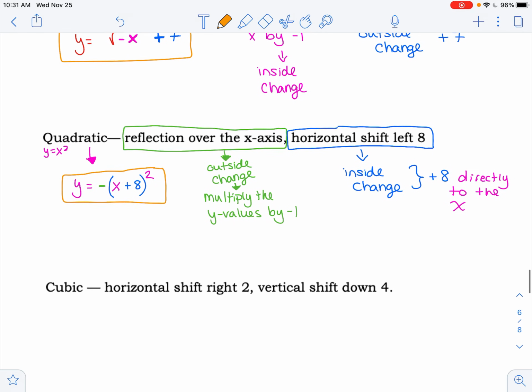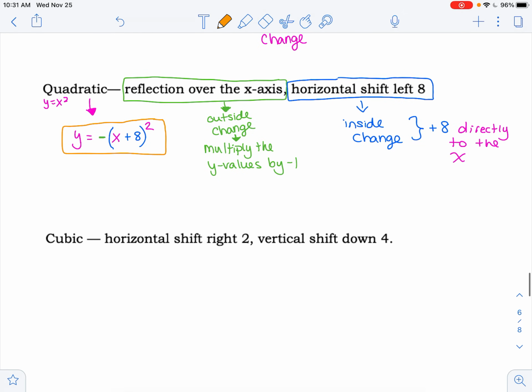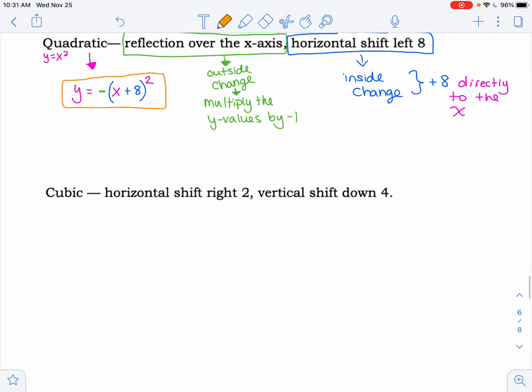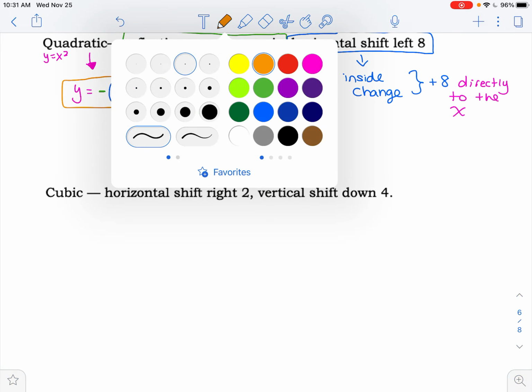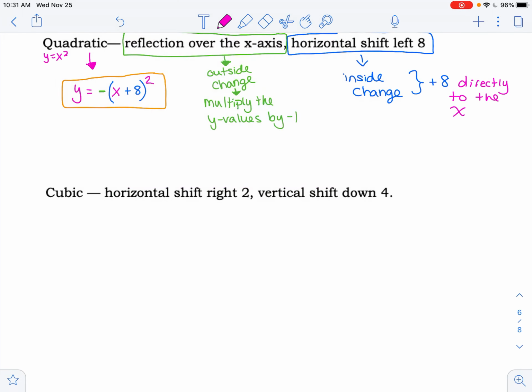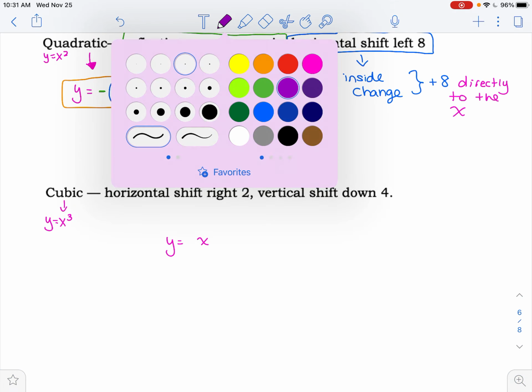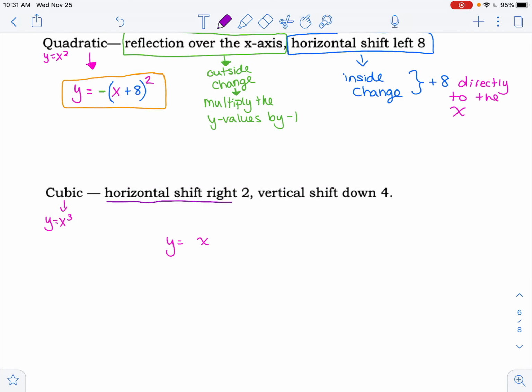The last one is a cubic. So again, y equals x cubed is the parent function here. So I know I'm going to have y equals, and I'm going to have an x. I know I'm going to have a cube somewhere, but I want to see, do I have any inside changes or not? So here it says horizontal shift right 2. There we go.